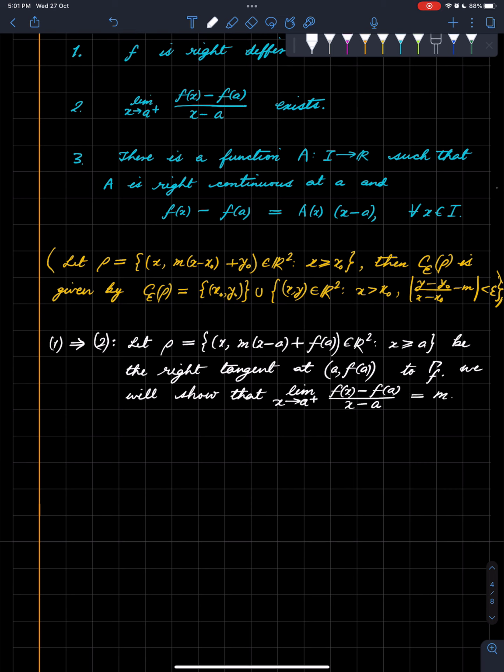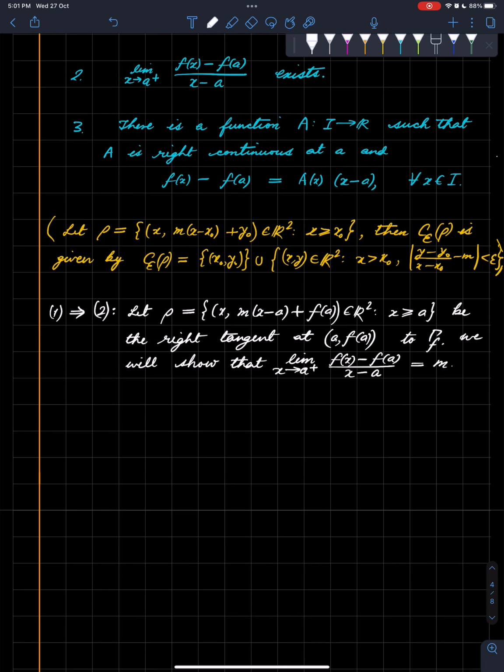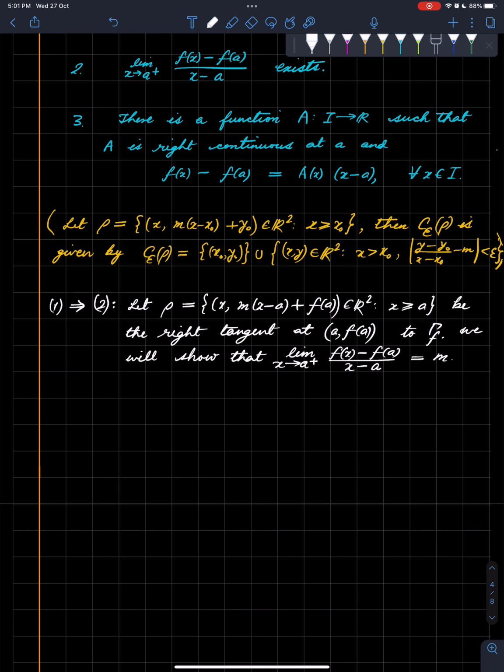Not just that it exists, but it is actually equal to the slope of the right tangent. Okay, so how do we do it? Now by 1, there exists delta greater than 0.